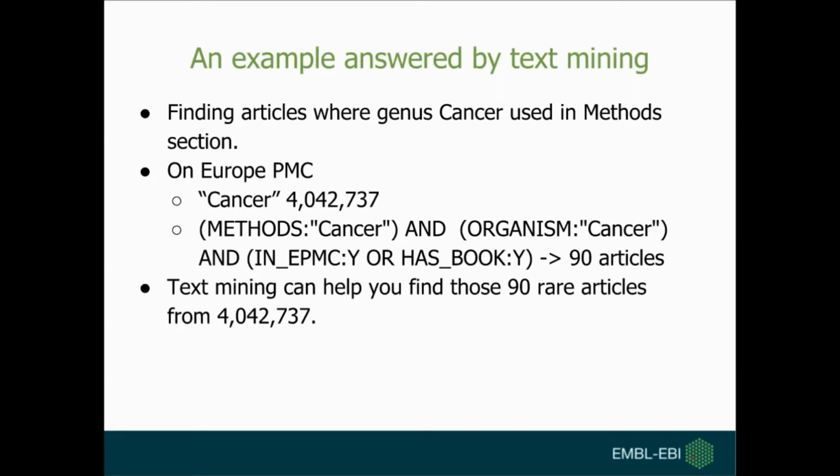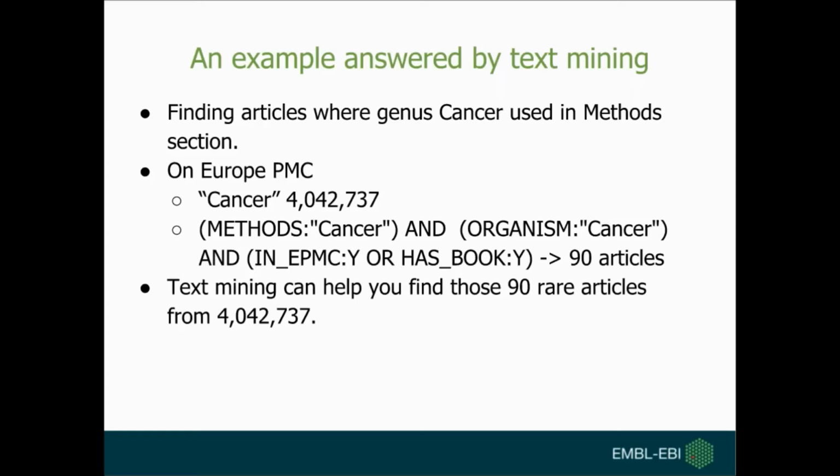So let's go back to the example I mentioned, where you want to find all those articles where the genus Cancer, not the disease cancer, is mentioned in the methods section on the Europe PMC website. If you just search for cancer, that will give you around 4 million articles.